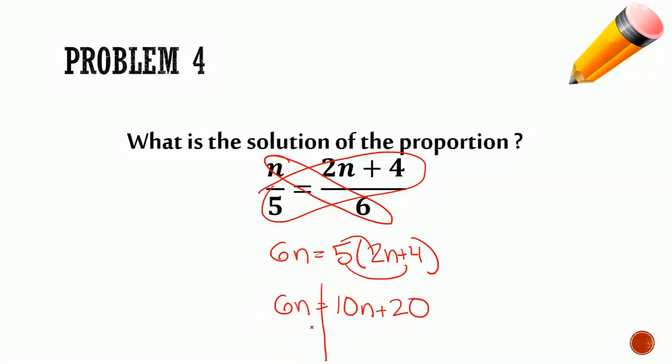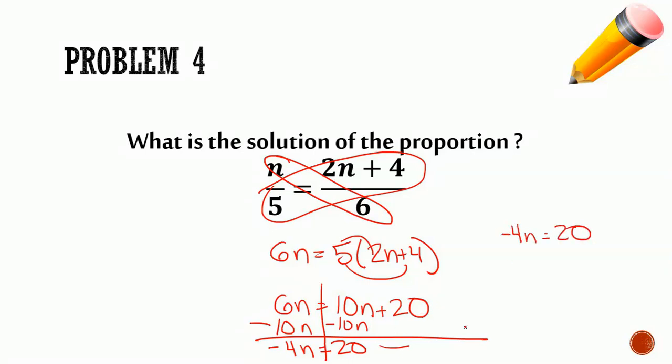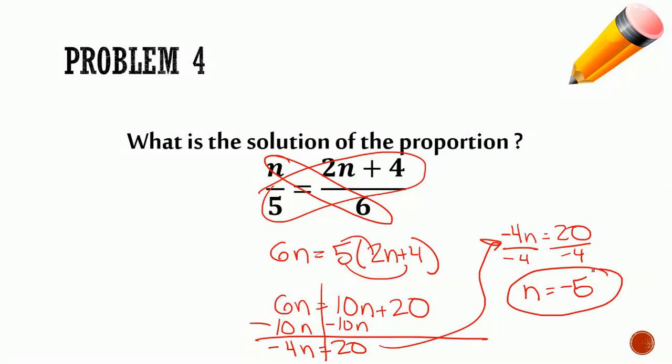It looks like my n's need to get on the same side, so I'm going to subtract 10n. 6n minus 10n is negative 4n. Negative 4n equals 20. Divide by negative 4, and I get n equals negative 5. Not too bad once we do the multiplication across, right?